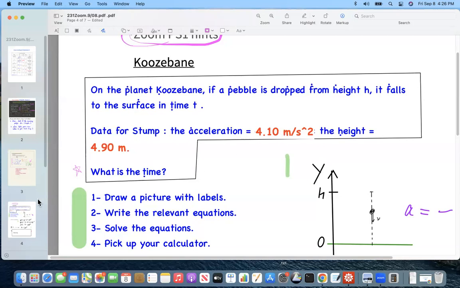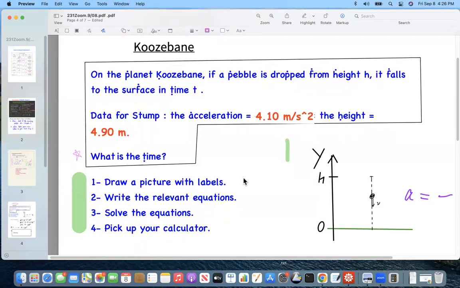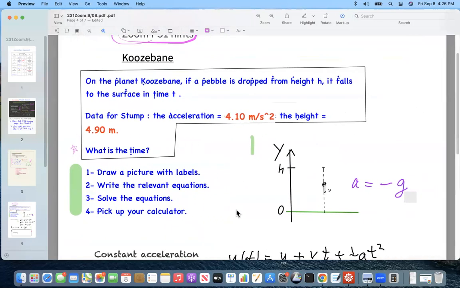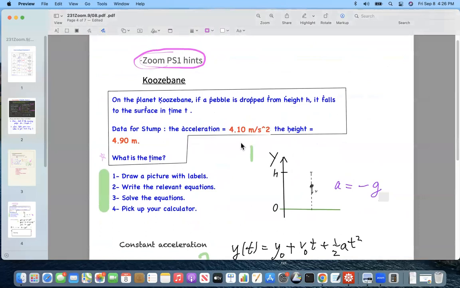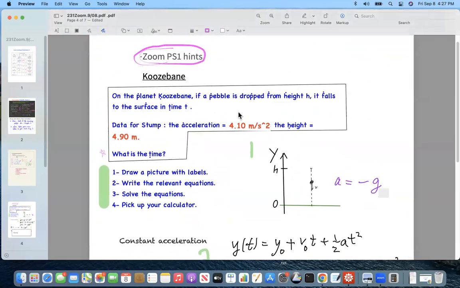So how are we going to solve this problem? Well, we solve all problems pretty much in the same way. There's a very effective standard way to solve physics problems. It's 4 steps. Step 1, you draw a picture and label it.